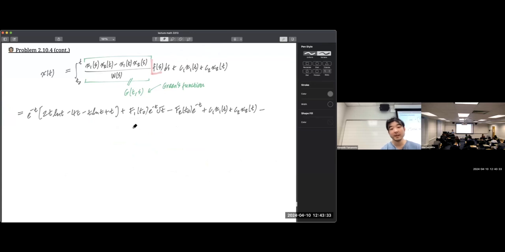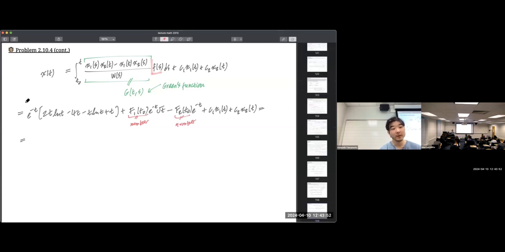But then the punchline is that you can just combine. This is just some antiderivative computed at some point. So this is just a number. And so is this just a number. So we just have the first part, which is this.